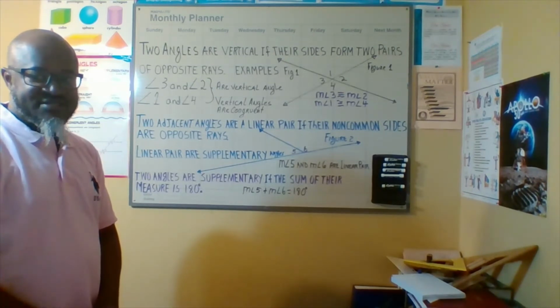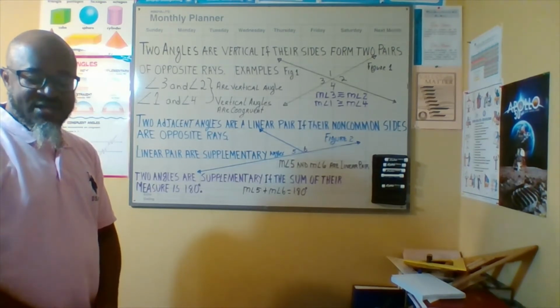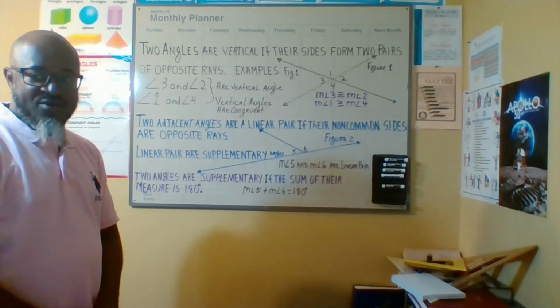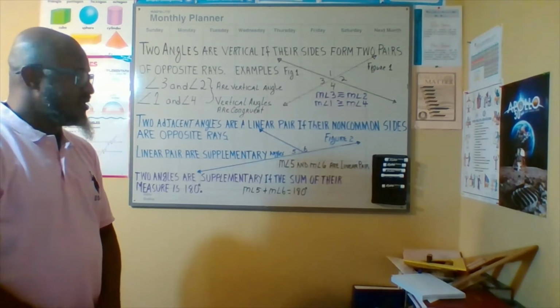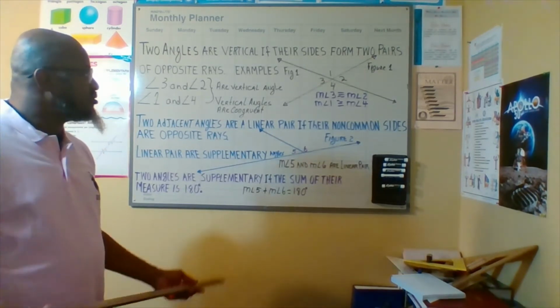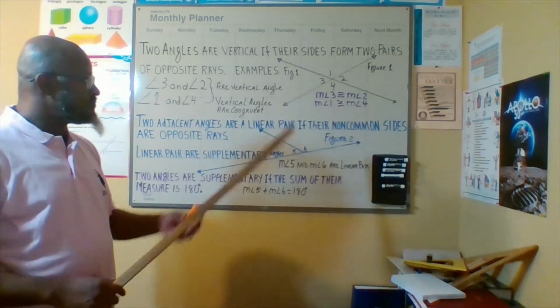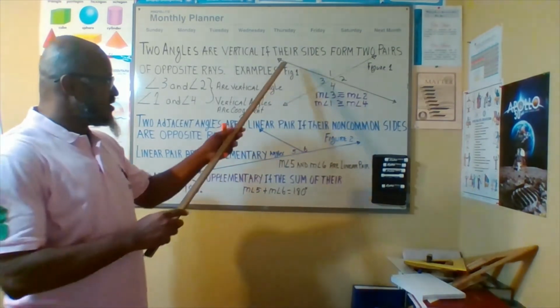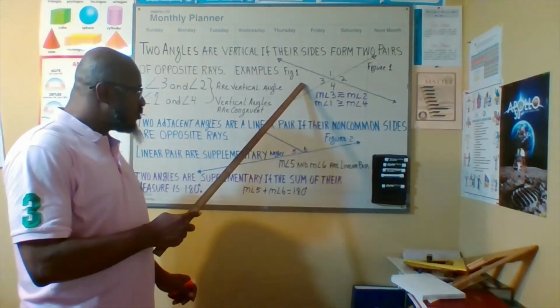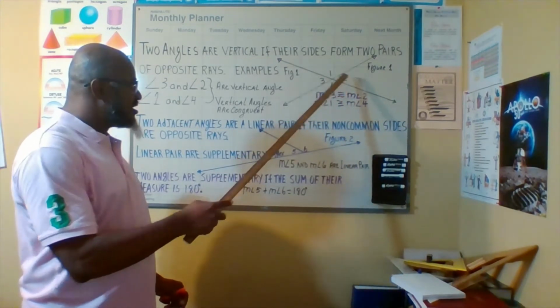You have to make the distinction between these two. Vertical angles are congruent, equal to each other. Linear pairs add up to 180. Let's go back to figure 1. Angle 2 and angle 3 are vertical.